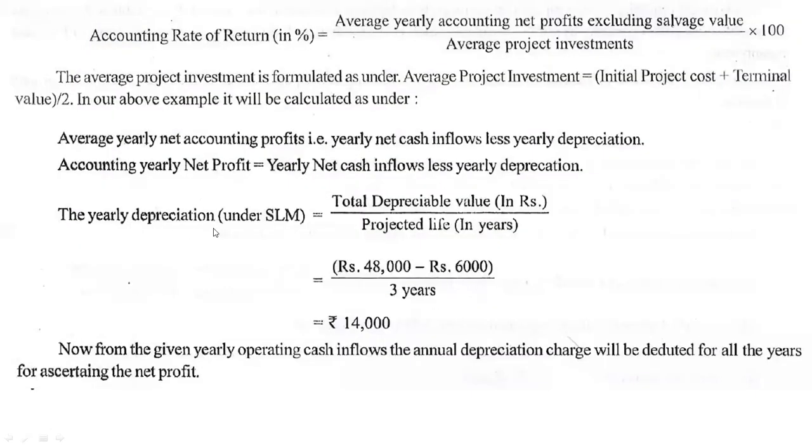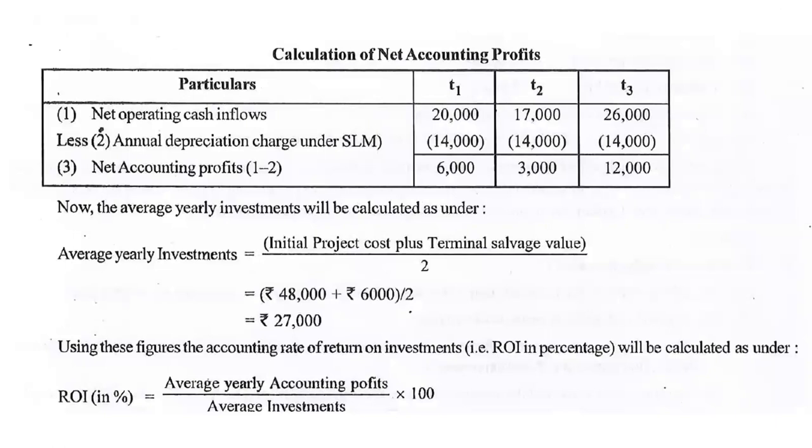Then yearly depreciation under the straight line method means total depreciable value divided by project life, means 48,000 minus 6,000 divided by 3 years, so it is around 14,000. Then we calculate the net accumulated profit: 20,000 is the net cash flow and 14,000 is the depreciation, so we get 6,000 for the first year, 3,000 for the second year, and 12,000 for the third year.